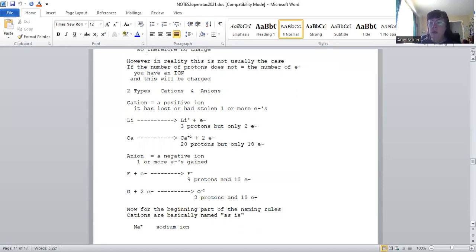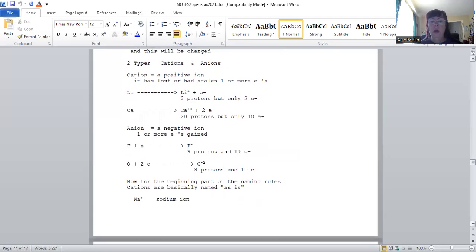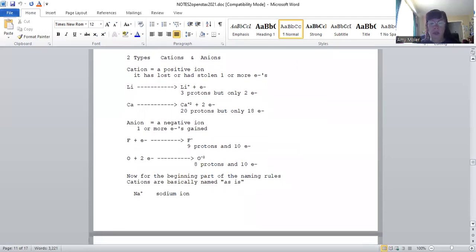Cations have had one, maybe more, electrons lost or stolen. And I picked on a couple of elements near the top of the table here to take a look at.